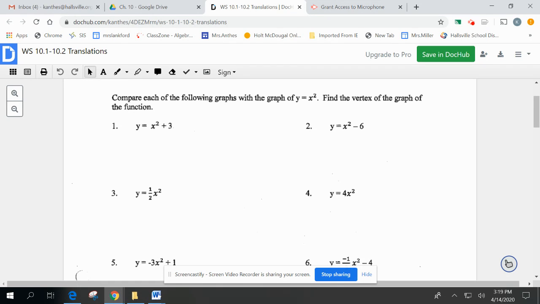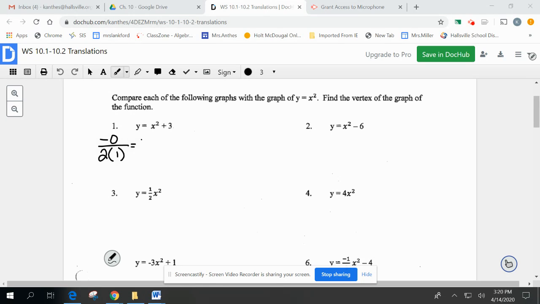So in order to find the vertex, and I'm not going to do this on every single one of them, but remember, in order to find the vertex, we do negative b over 2a. So that would be negative 0 over 2 times 1 because a is 1.